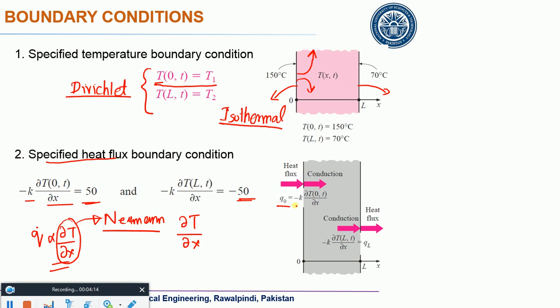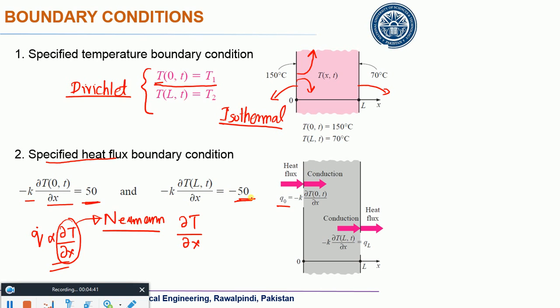If I put the question like this, what would be the energy storage in this wall, if you have this much heat transfer rate on one side and this much heat transfer rate on the other side? It should be zero. Why? Because Q naught, whatever is going in, the same is going out.